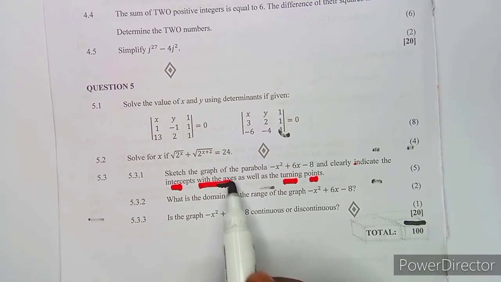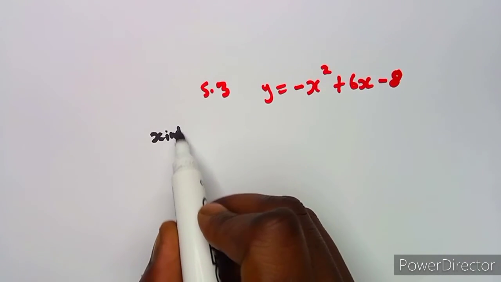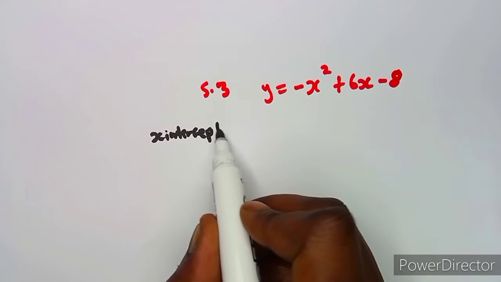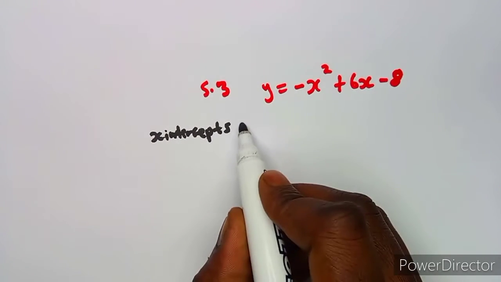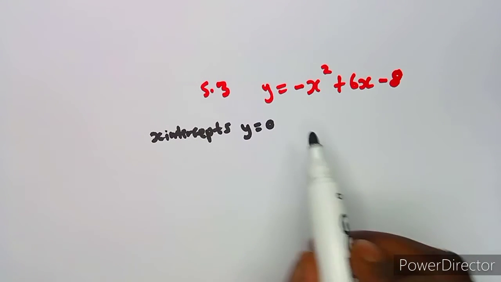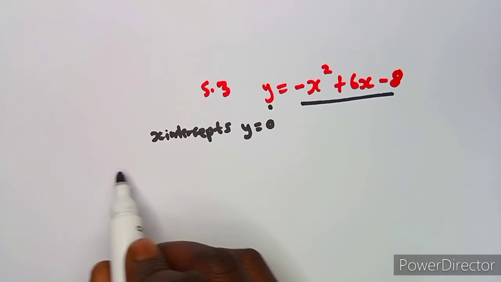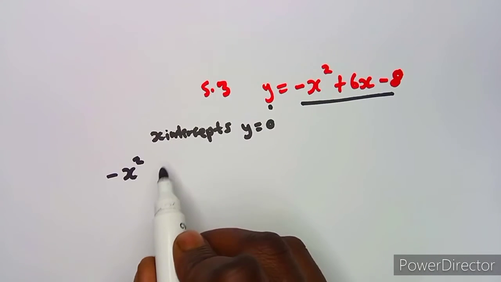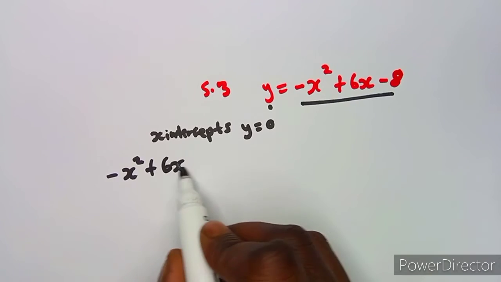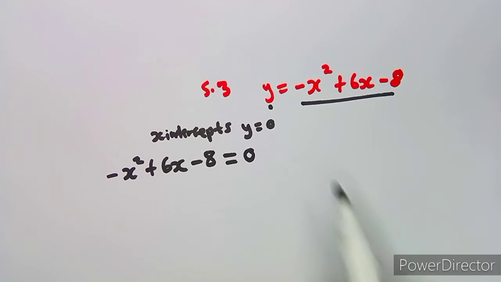So for the intercepts with the axis, remember we have got the x intercepts and the y intercepts. So the x intercepts are at a condition where y is equal to 0, or f of x is equal to 0. So if this y is equal to 0, that means this whole part is equal to 0. Minus x squared plus 6x minus 8 is equal to 0, like this, because we said y is equal to 0.